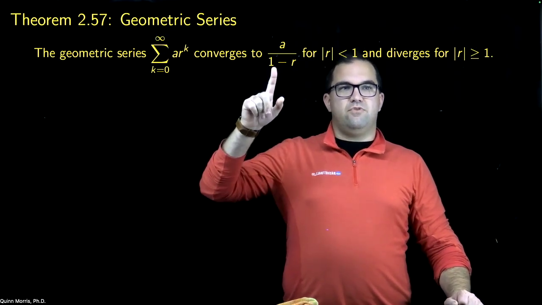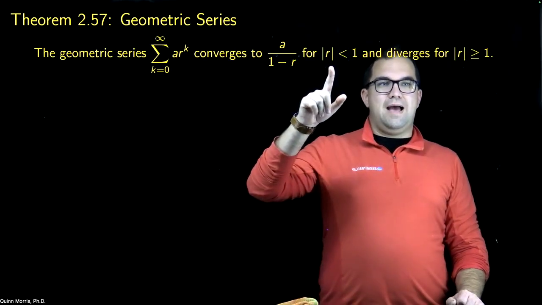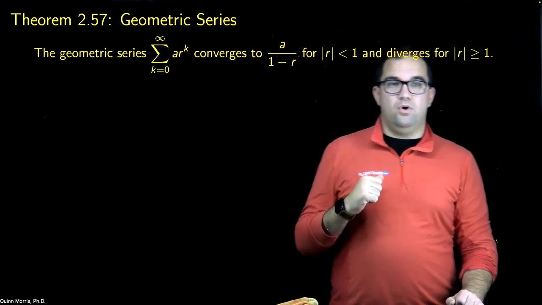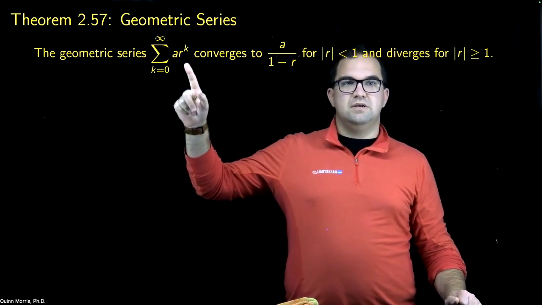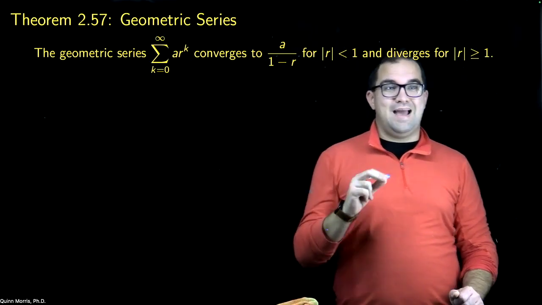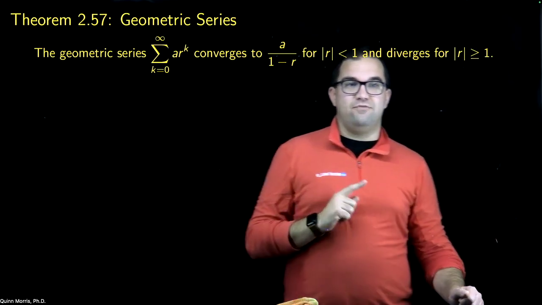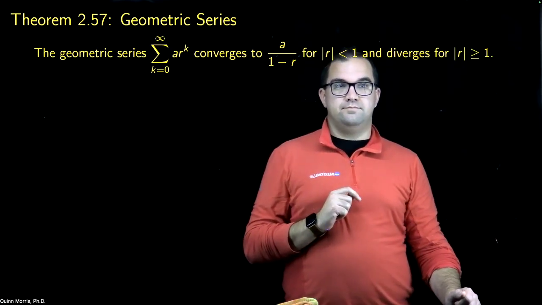But this series converges to a divided by 1 minus r when the absolute value of r is less than 1. So this series converges if this r value is strictly between -1 and 1, and it diverges for every other value of r. Okay.